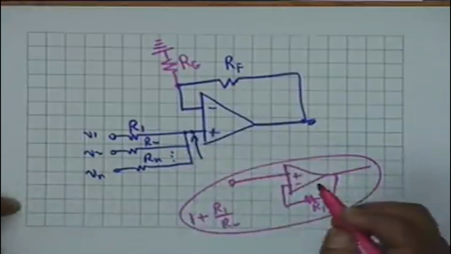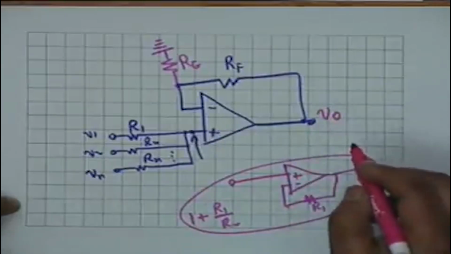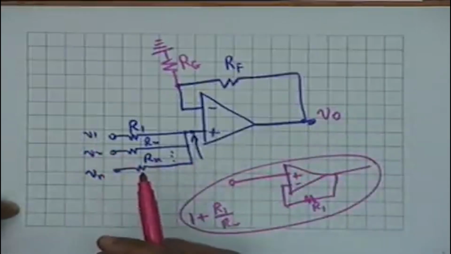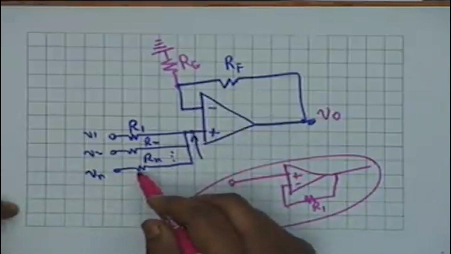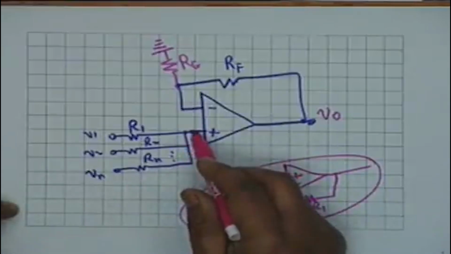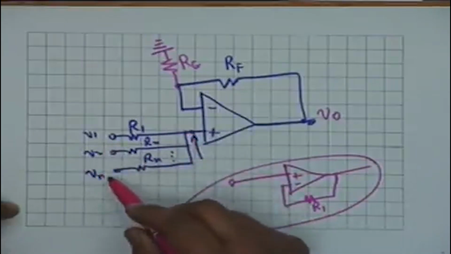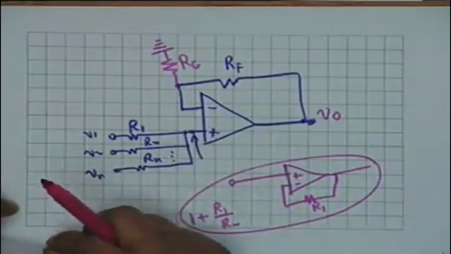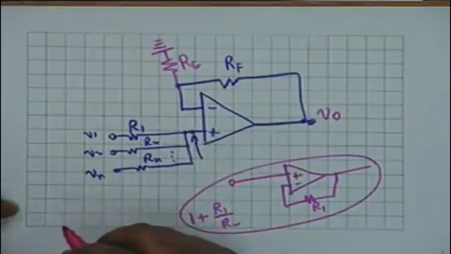I leave this to you as an exercise to find an expression for V0 in terms of V1, V2 and Vn. You can do it by summing up all the currents here: V1 by R1 plus V2 by R2 plus Vn by Rn. What will this total current be? It shall be equal to 0.